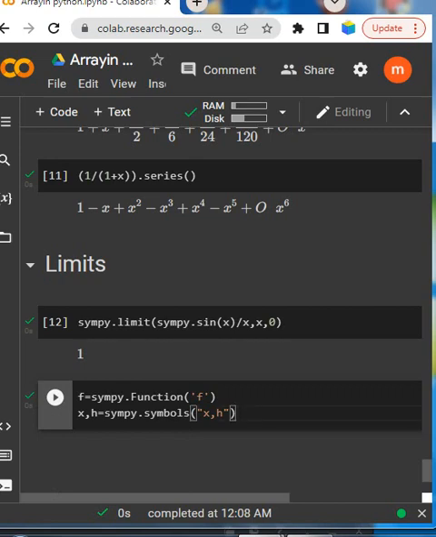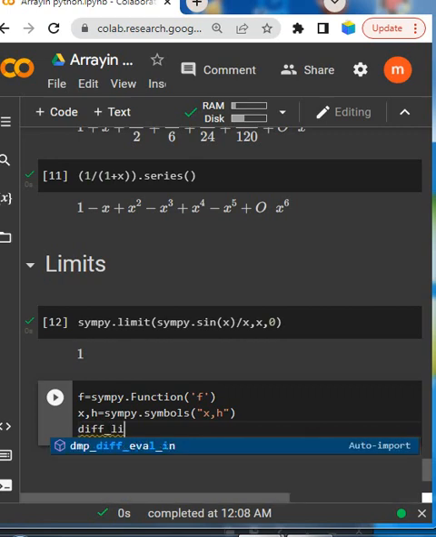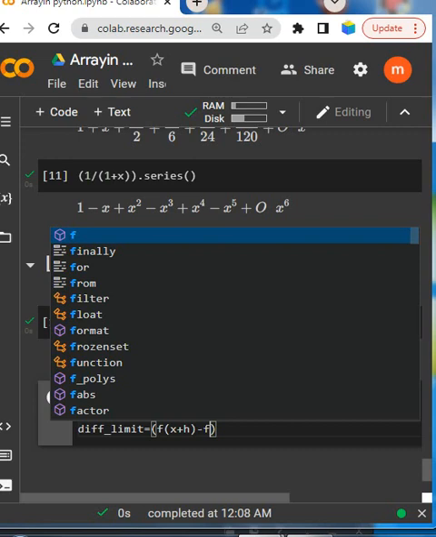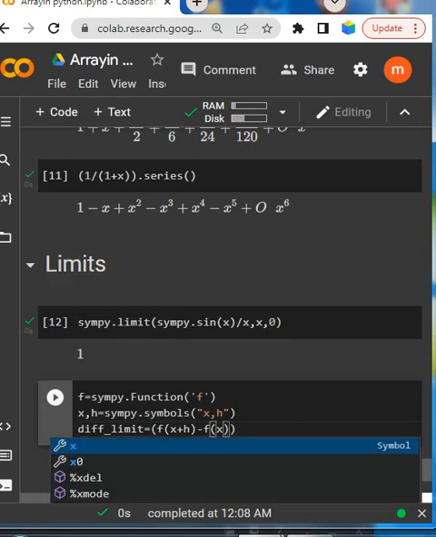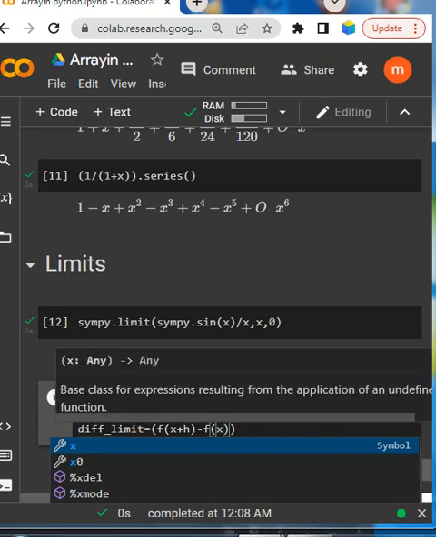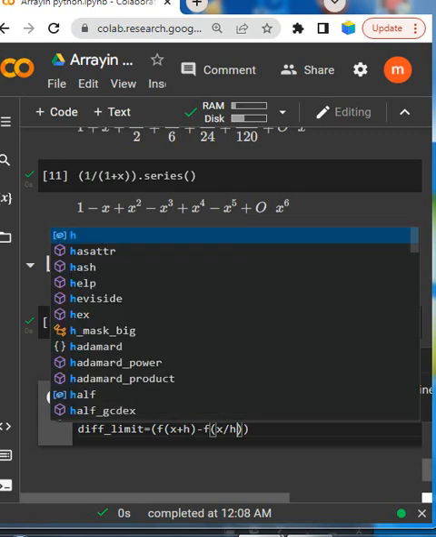So let's see. I am going to write here def diff underscore limit, which will equal f of x plus h minus f of x, divided by h.